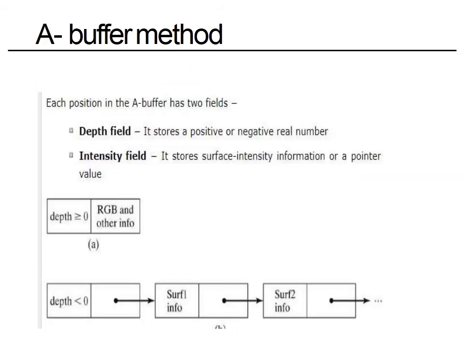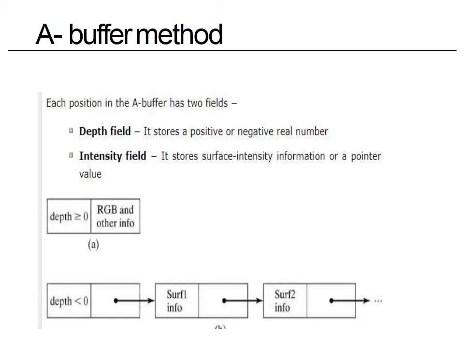Each position in the buffer has two fields. The depth field stores a positive or negative real number, and the intensity field stores surface intensity information or a pointer. If depth is greater than or equal to 0, it holds RGB and other info.